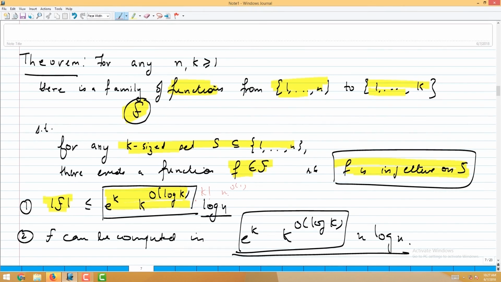Again, note that this is some f of k function into polynomial in n. It will be this function plus the time taken to compute the family, because you have to compute the family, but that is again some f of k into poly n.